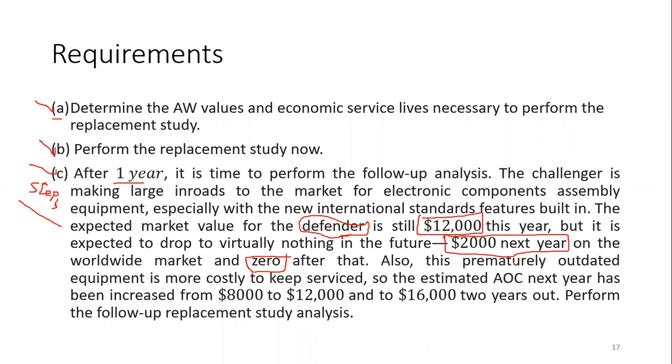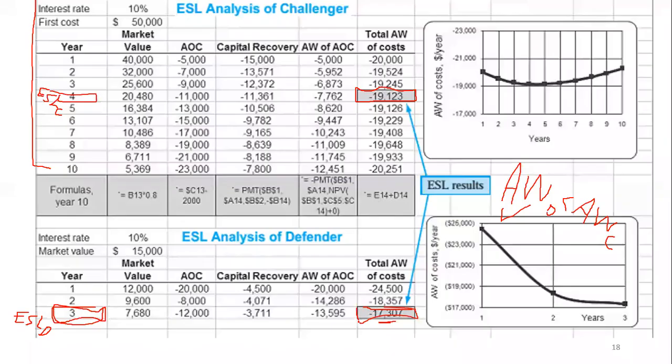This prematurely outdated equipment is more costly to keep serviced. So the estimated annual cost has been increased from 8,000 to 12,000 and to 16,000 for the 3 years, which means the defender's costs start to increase. Perform the following replacement study. Now he keeps the challenger data the same, so we don't need to change this analysis.